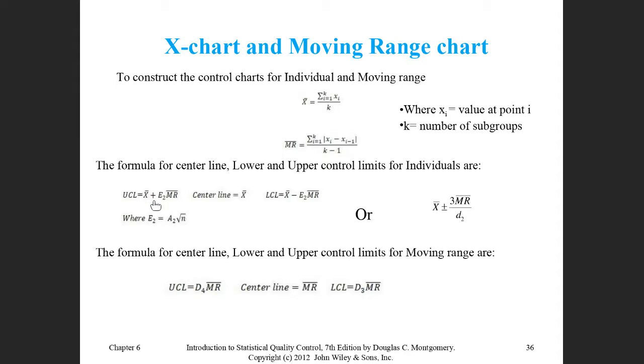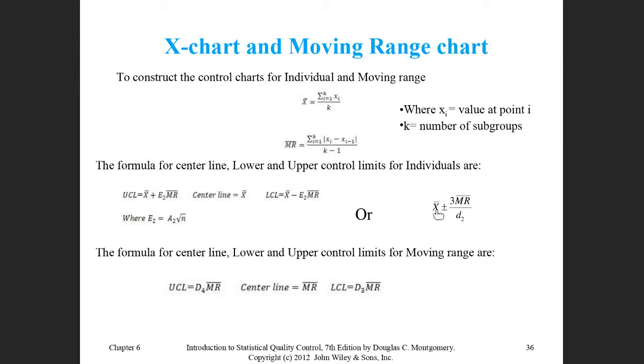The E2, there is a table that gives you this constant, which is equal to A2 multiplied by the square root of n, where n is the sample size, which is 1. Or there is another formula, both of them do the same thing, and we will see in an example how both give you the same results. X bar plus or minus means if you are developing the upper control, you will use the plus. If you are constructing the lower control, then you use the minus.